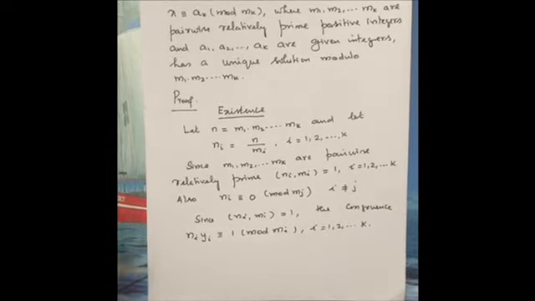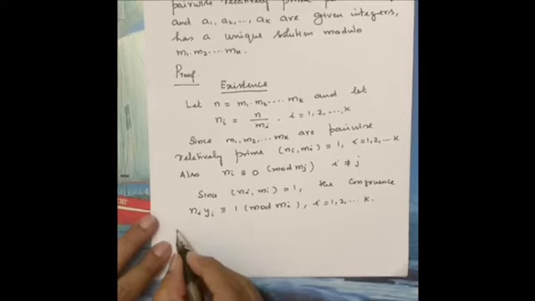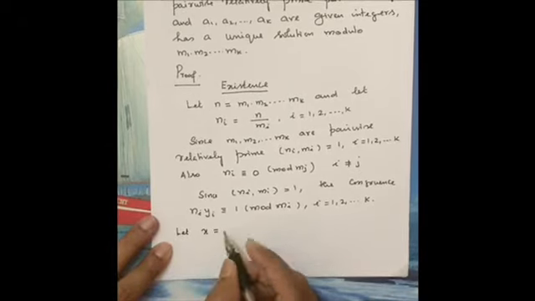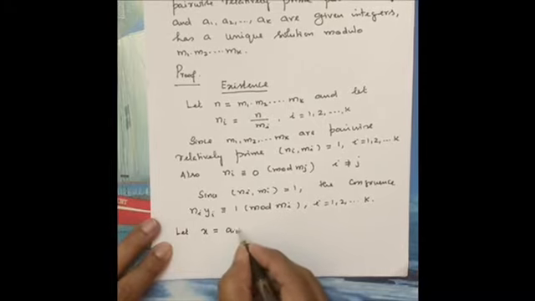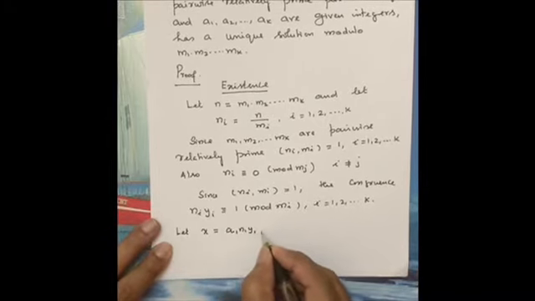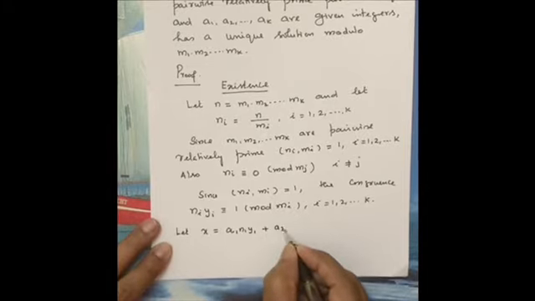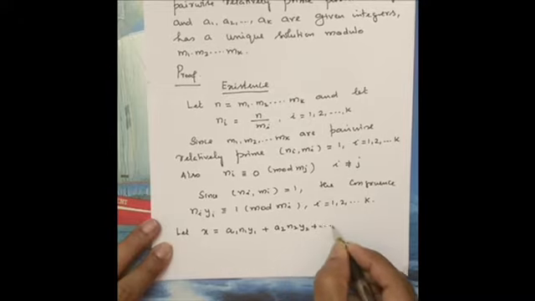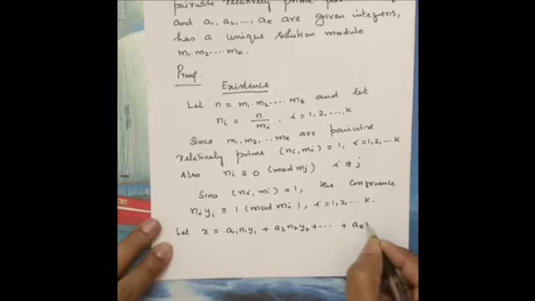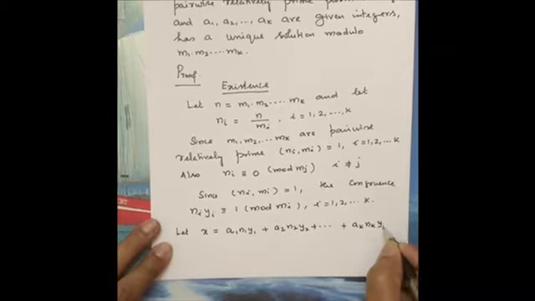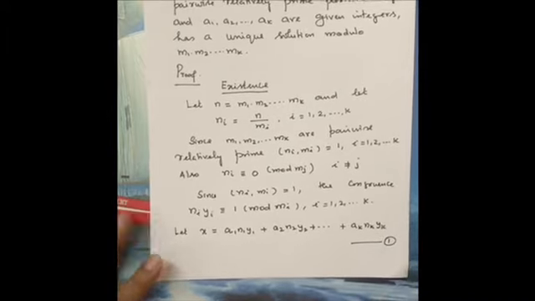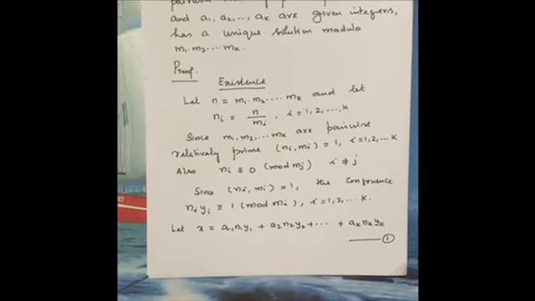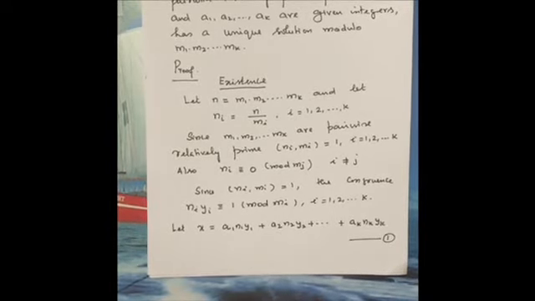From this only, we are constructing x. What is x? We construct x like this: x equal to a1 n1 y1 plus a2 n2 y2 plus etc. plus ak nk yk. So we have to verify x satisfies the given congruences, and that it has a unique solution.